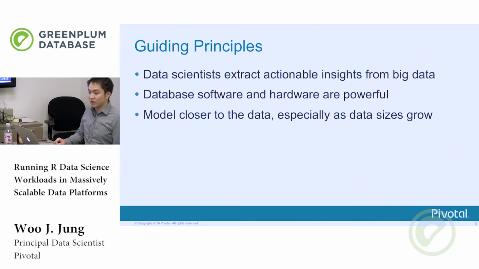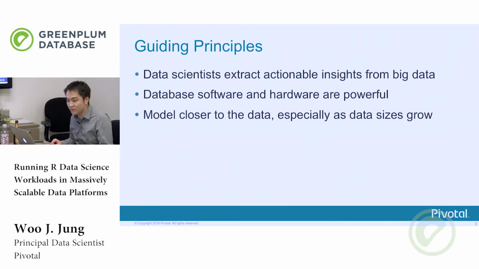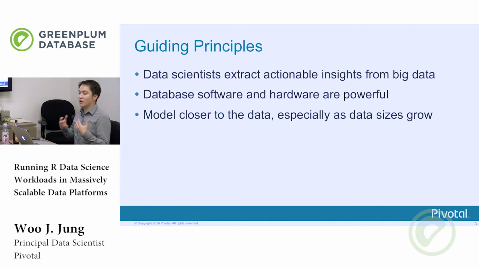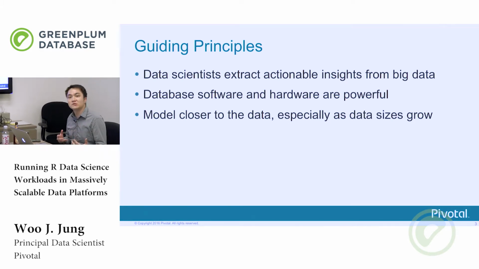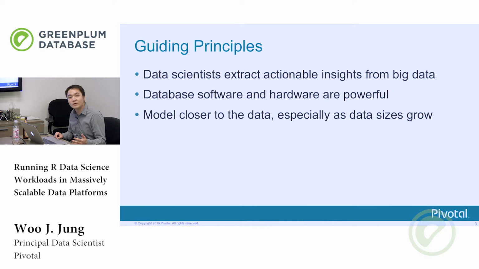On the other hand, a lot of data scientists and statisticians extract their data from databases, which run on pretty powerful hardware. And some databases like Greenplum are purpose-built for scalability, right? So the notion here is to get your models closer to the source of where the data is stored, and do this more and more as data sizes grow.